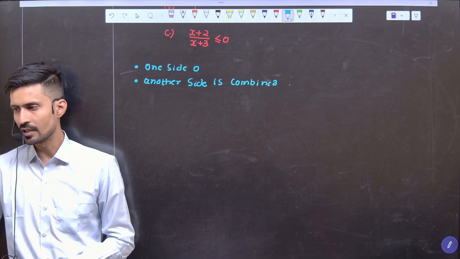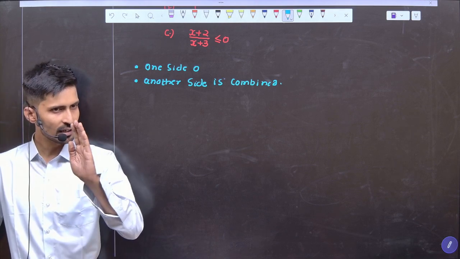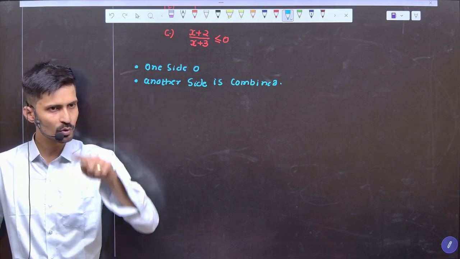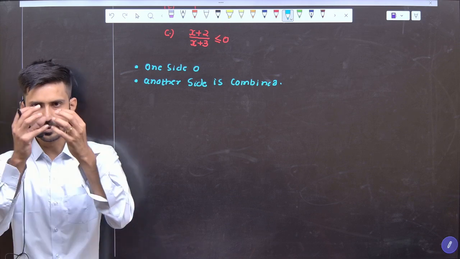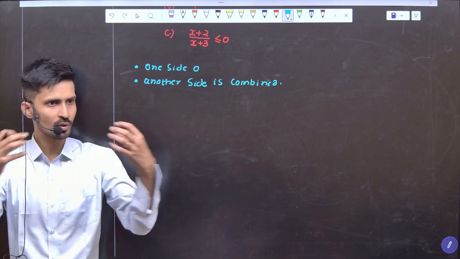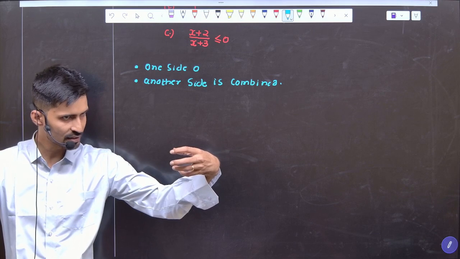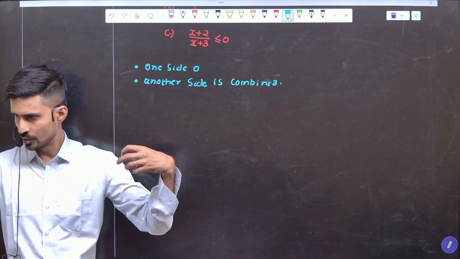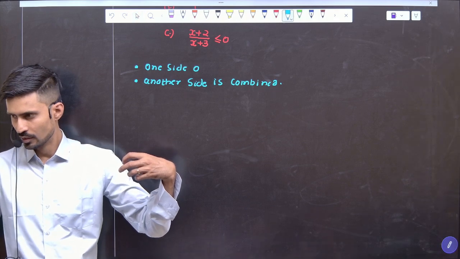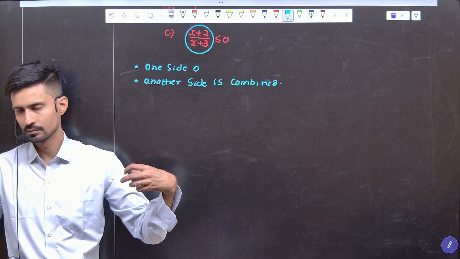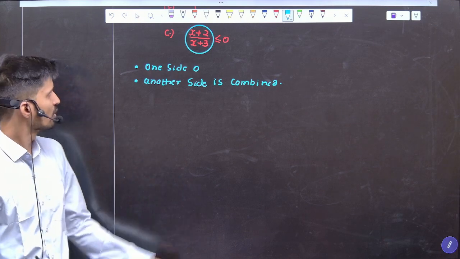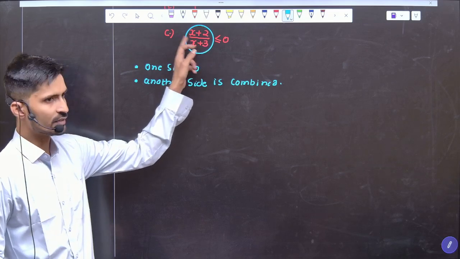Combined means while one side should be 0, on the other side all terms should look like only 1. It should not be in partition part. If it is in partition part, we cannot solve. So you can see here in this question, all is looking like 1, because all has only one calculation, division.